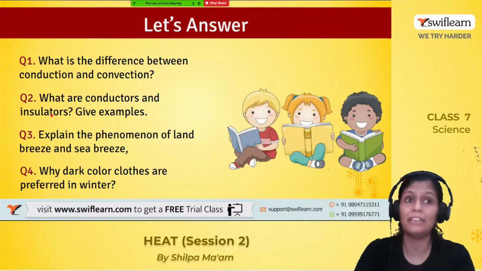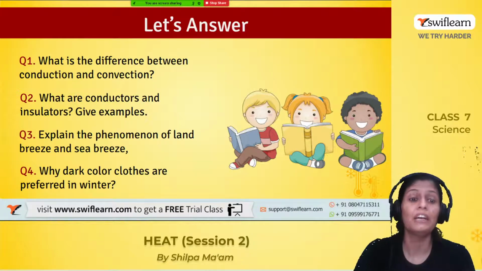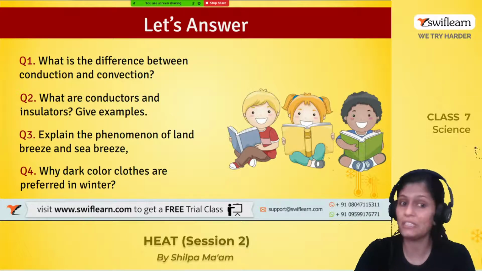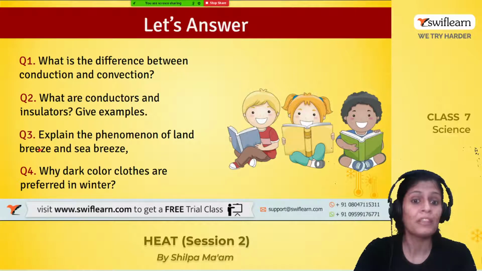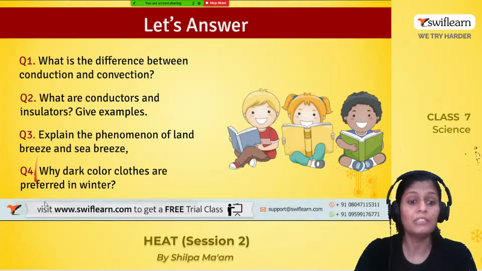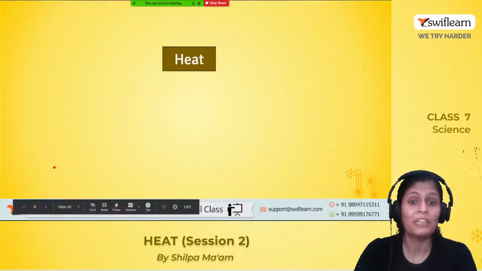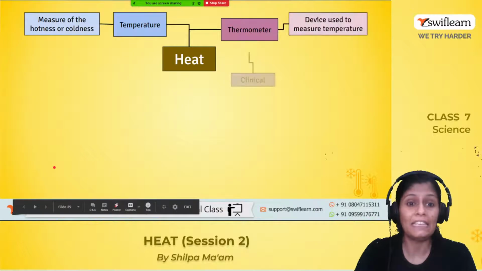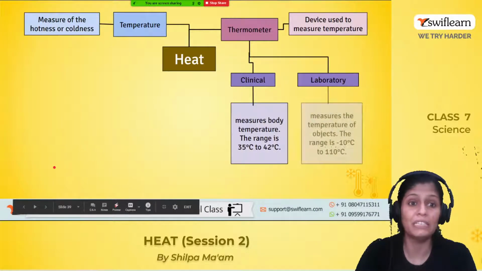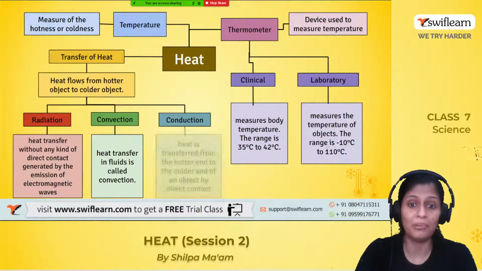Conductors are able to conduct heat and electricity, and insulators are not conducting. Land breeze occurs at night, and sea breeze during the day. Dark color clothes are preferred in winters because they absorb more heat. So what is heat? This is the entire summary.